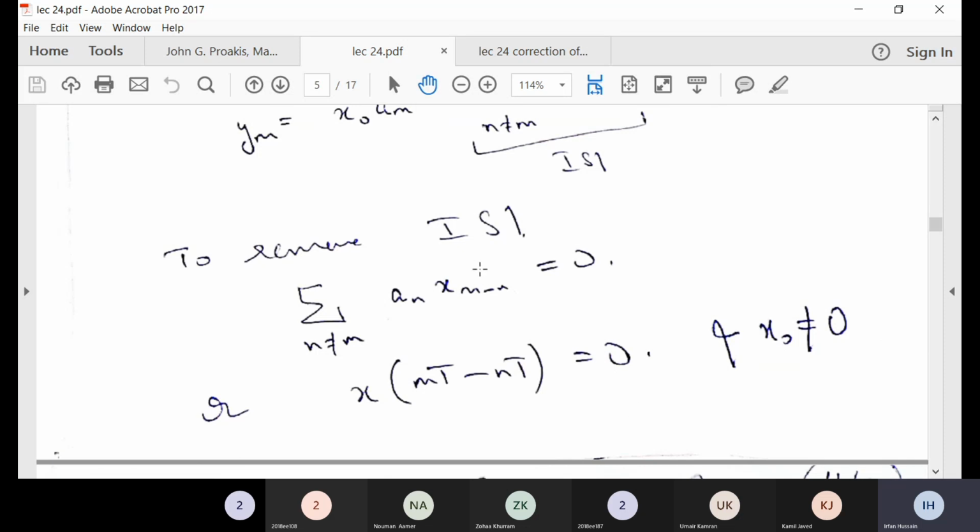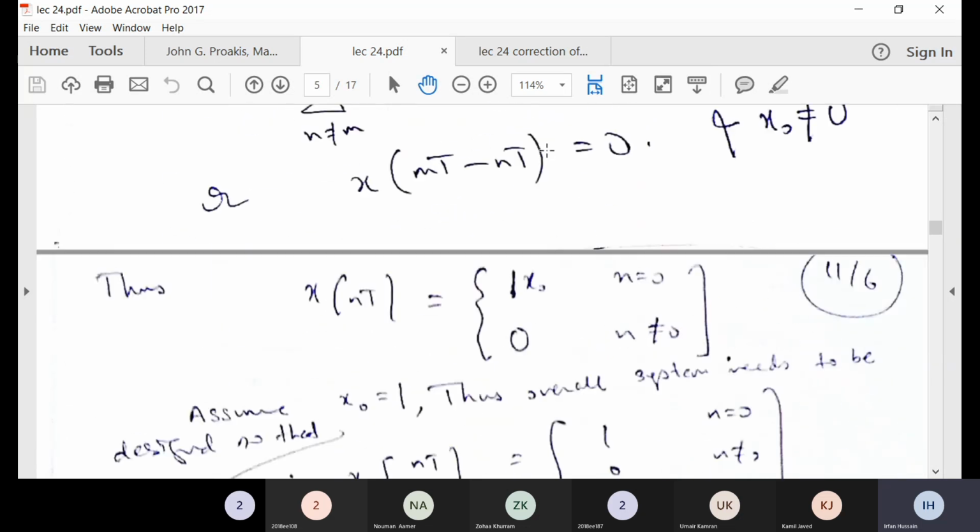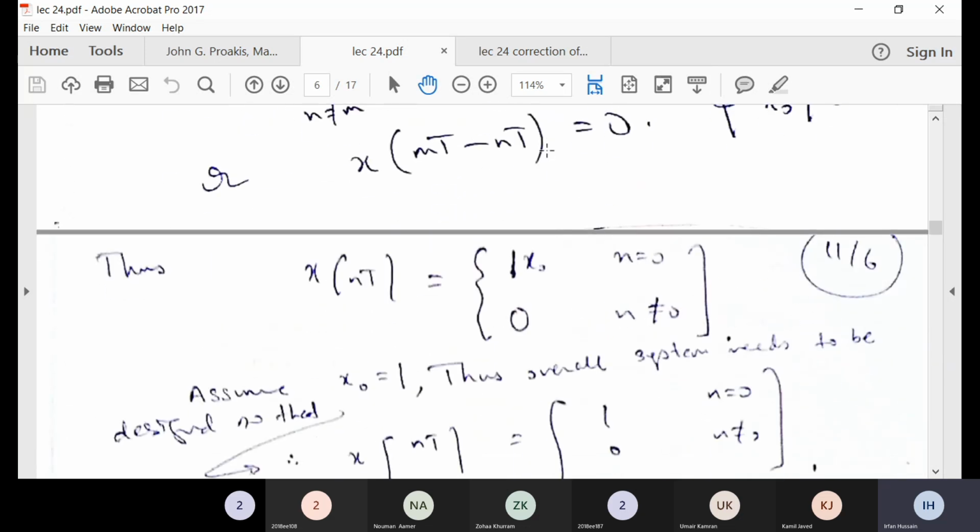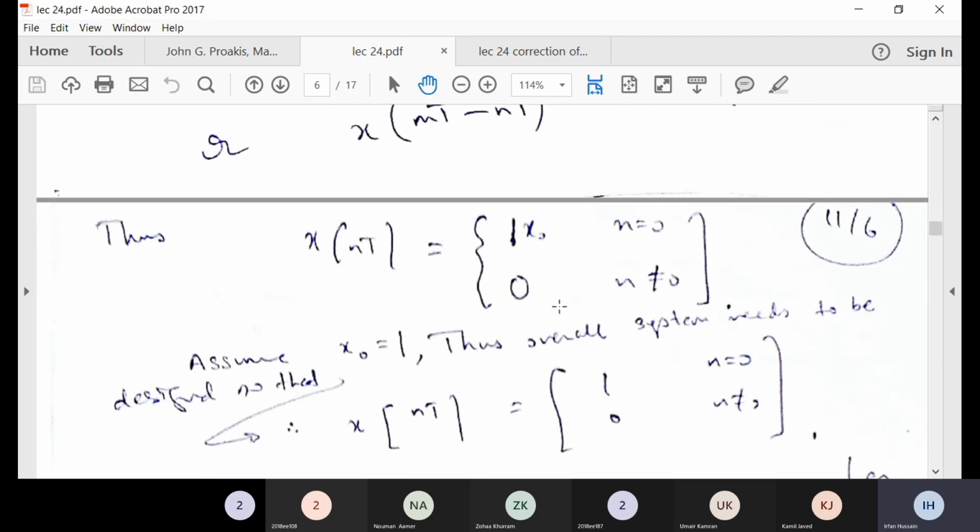So in this way, for all non-zero values of m minus n, they are 0. Once they are 0, all of that ISI comes out to be 0. So you can also write this condition as: for n equal to 0 you have x naught, and for any other non-zero value, you would like to have it to be 0. You can further assume that this x naught is 1, so that we have normalized our response.